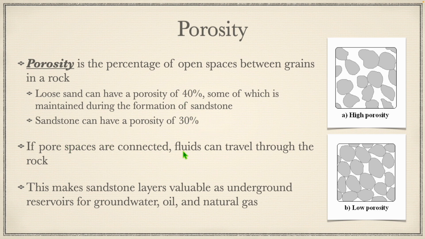If pore spaces are connected, fluids can travel through the rock. This makes sandstone layers valuable as underground reservoirs for groundwater, oil, and natural gas. If you have a water well, for example, usually you have drilled a hole into sandstone that has these pore spaces connected so the water can travel through it.